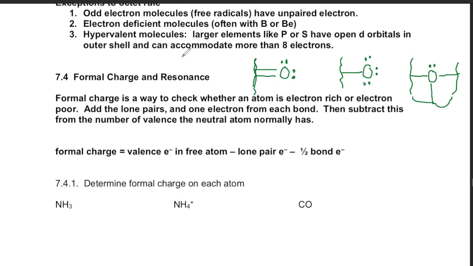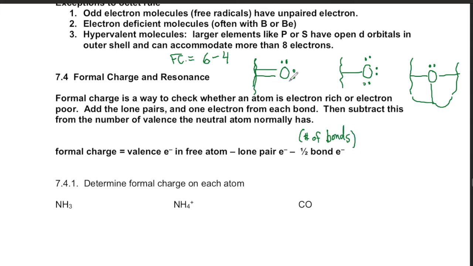So the formal charge here would be the valence electrons that oxygen brought. So it brought 6 electrons. Then we're going to subtract the lone pair electrons. There's 1, 2, 3, 4 lone pair electrons. And then you're going to subtract half the number of bonding electrons, which is the same as the number of bonds.